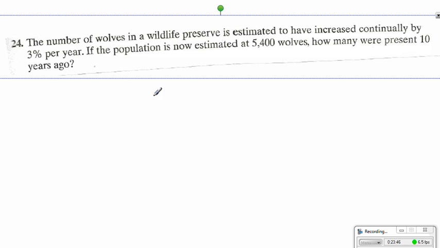So the final amount, same way, is 5,400 times 1 plus 0.03, that's the 3%. But we were looking at how many were present 10 years ago, so we could put it as subtracting 10.